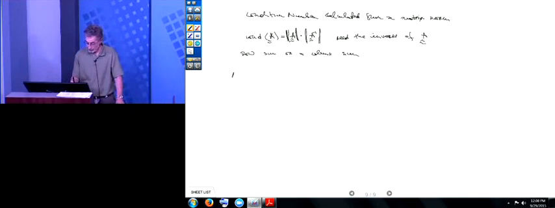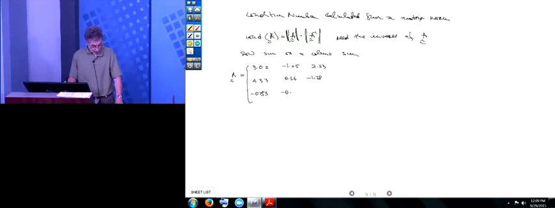If A is equal to, maybe I'm rewriting this, but bear with me, 3.02, minus 1.05, 2.53, then 4.33, 0.56, minus 1.78, and minus 0.83, minus 0.54, and 1.47.